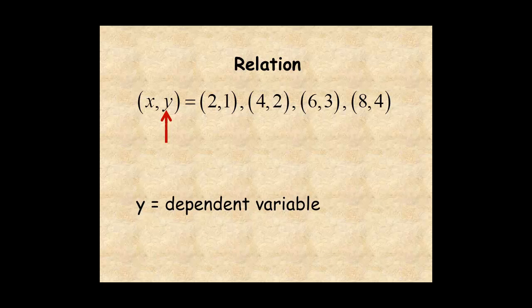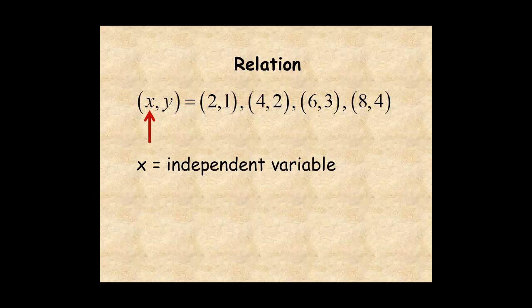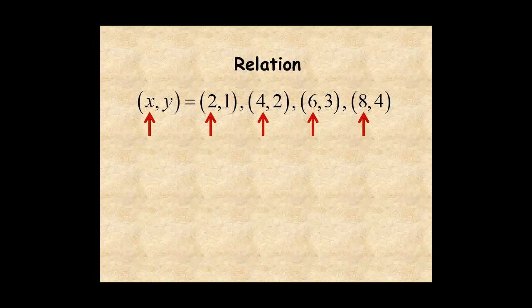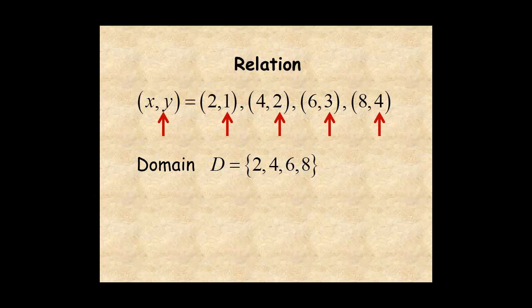The y variable is called the dependent variable because its value depends on the independent x variable. The set of all input x values is the domain of the relation, and the set of all output y values is the range of the relation.